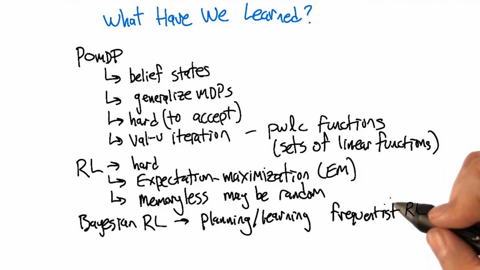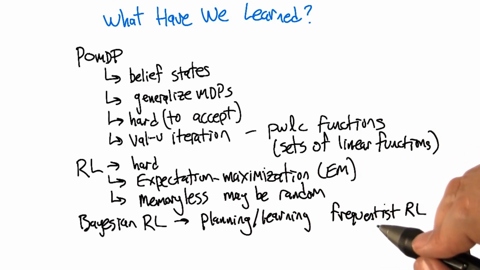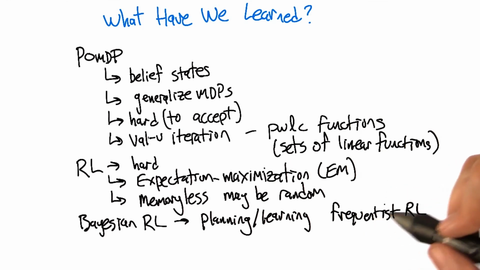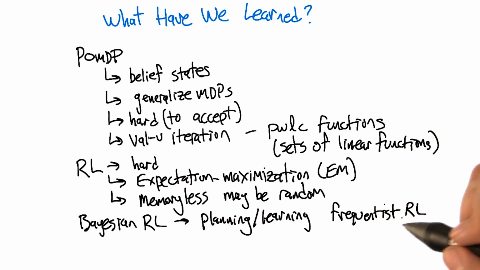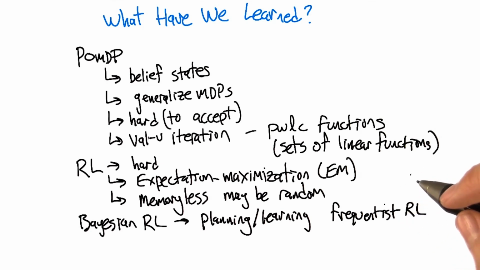It's about counting up how many times something happens and dividing by the number of times you asked. Q learning definitely has that flavor. Model-based RL, where you're trying to estimate the parameters of the model from experience, also tends to have that flavor. Okay, so we have been learning about frequentist RL, and now that we have Bayesian RL, it reveals the frequentist things that we had been doing in the past. So I'm okay with that.